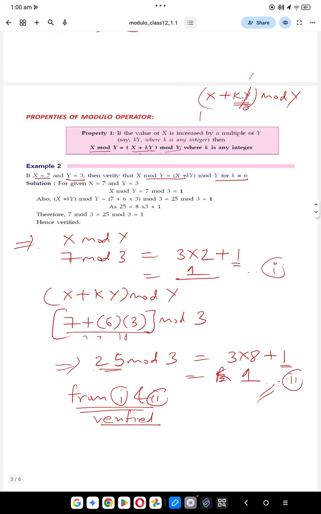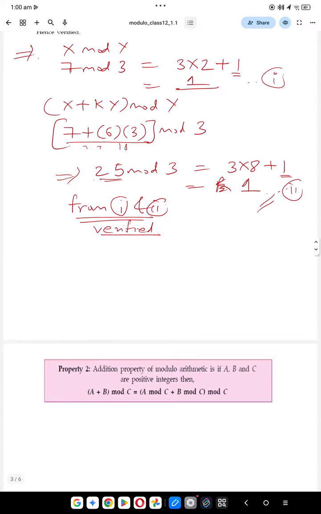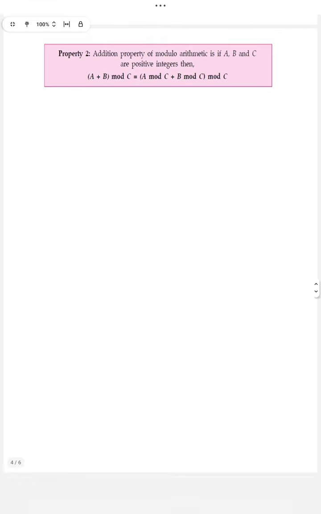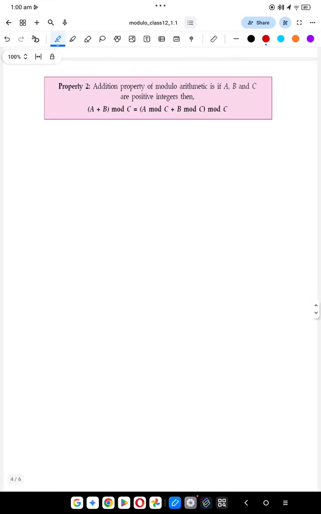So now let's proceed with the further property. The next property is the addition property, which says if a plus b mod c, that would be equivalent to a mod c plus b mod c, the whole of mod c.